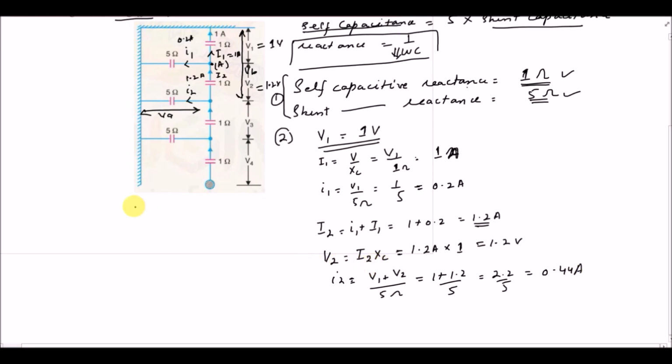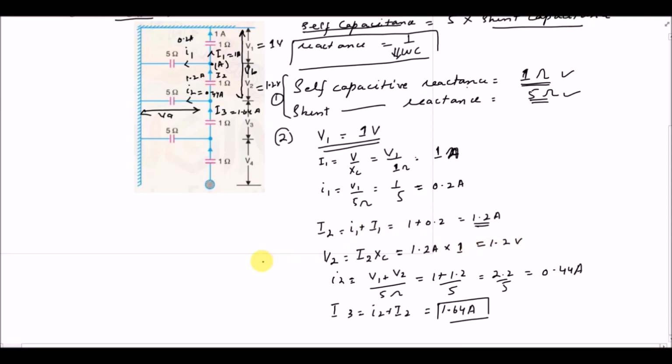So now if I have to find capital I3, it is the summation of capital I2 and small i2. So I3 is equal to small i2 plus capital I2, and it will be 1.64 ampere. So this value is 1.64 ampere, and small i2 is 0.44 ampere.